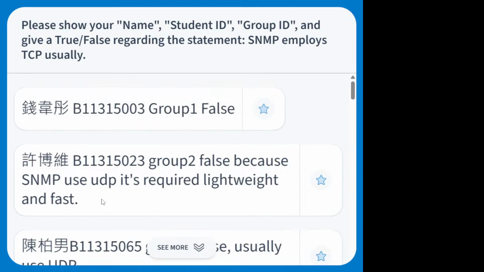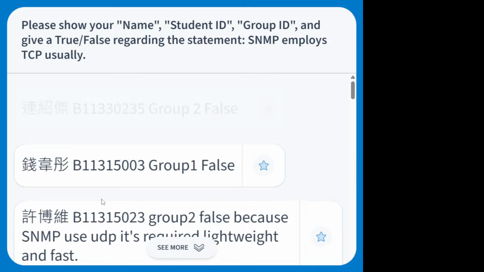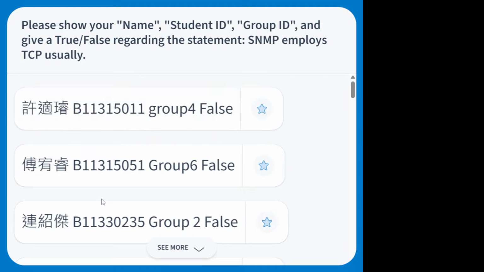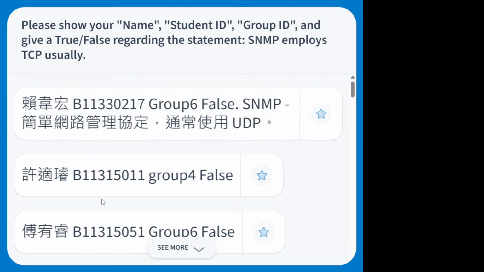It is not okay. For SNMP, actually, we don't want to use TCP. Instead, we use UDP. So if you want to know more, sure. I still expect all of you to go through the video so that you know all of this.